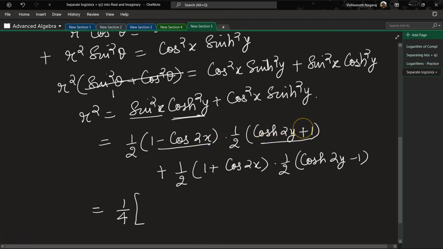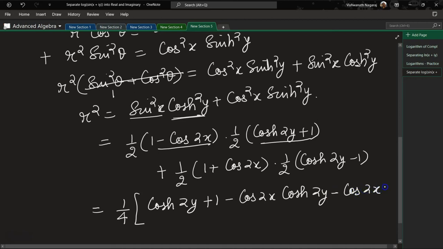We get cosh 2y plus 1 minus cos 2x cosh 2y minus cos 2x. Now let's take this and this. What do we get?